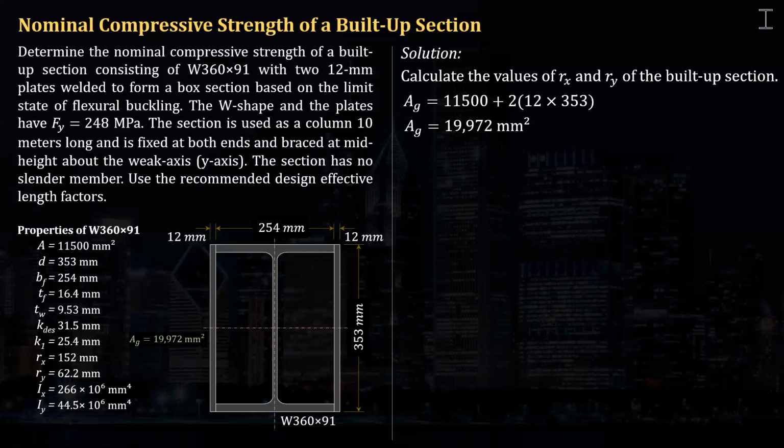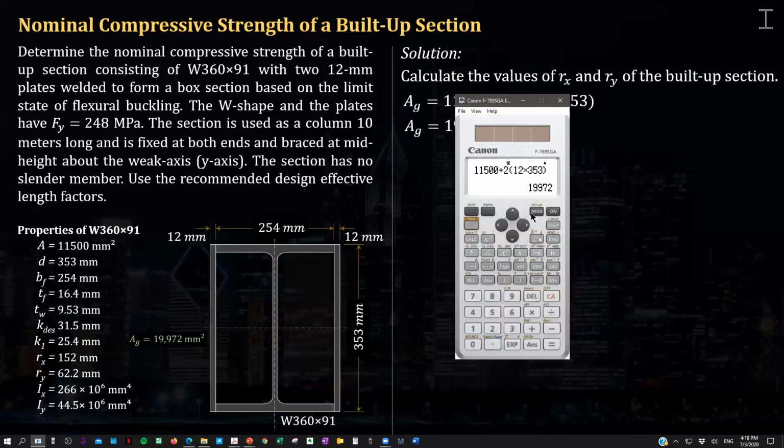We can directly calculate Ix by adding the Ix of the I shape, that is 266 times 10 raised to 6, plus twice the moment of inertia of the steel plate. The moment of inertia of a rectangular section is bd cubed over 12, where b is 12 and d is 353, raised to 3, over 12.